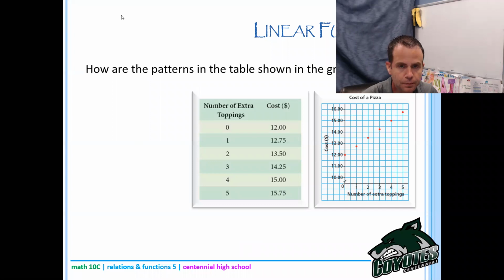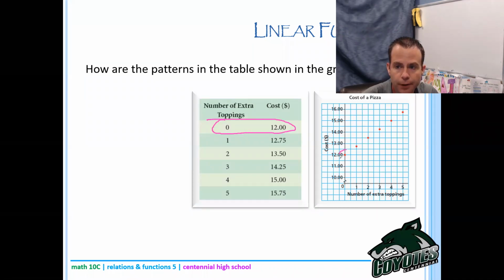Okay, how are the patterns in the table shown in the graph? Well, we know that every row on the table becomes a point on the graph, right? But what we're looking for here is patterns. So what I want you to notice is just follow the dots, okay? X is going up by 1, and Y is going up by 0.75.